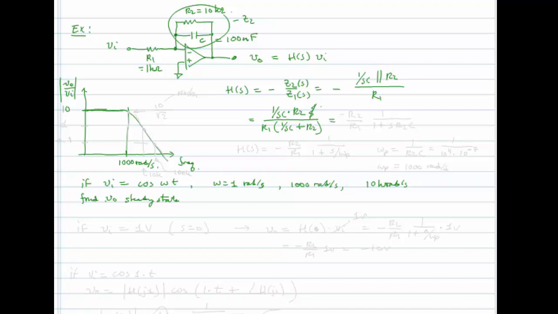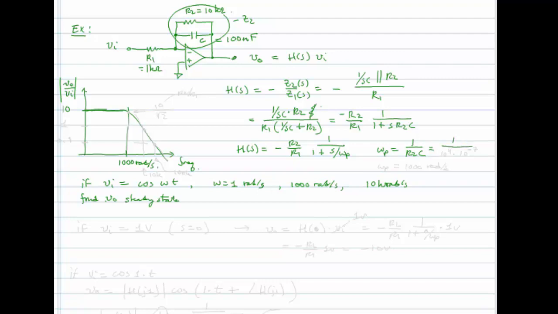Let's multiply through by SC. So we'll have minus R2 over R1 times 1 over 1 plus SR2C. And I'll write this one last time in a standard form: minus R2 over R1, 1 over 1 plus S over omega P, the pole, which is equal to 1 over R2C.